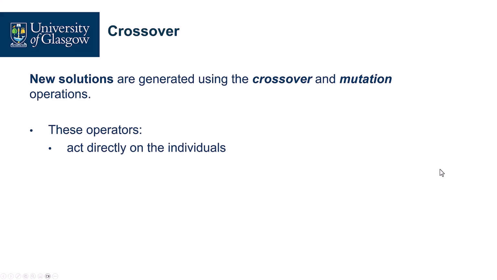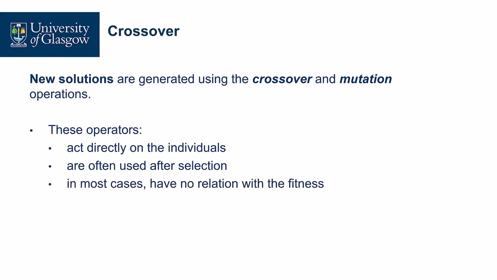Crossover happens to the mating pool, and mutation happens to the child solution after crossover. In most cases, these operators have nothing to do with fitness, because fitness isn't involved in these operators. So these are the common characteristics of crossover and mutation.